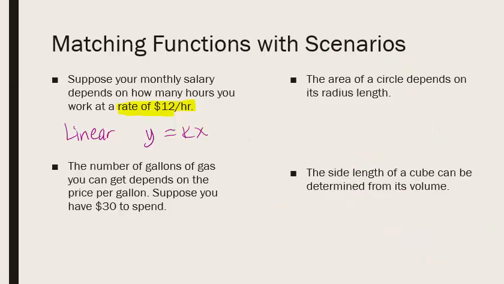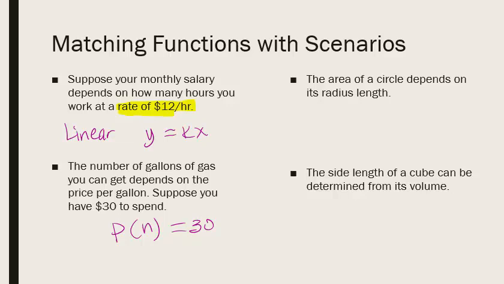So that's a possibility, but let's also try to write a formula to see if this is logical. The price I pay per gallon times the number of gallons is equal to the total price that I will pay, which is $30.